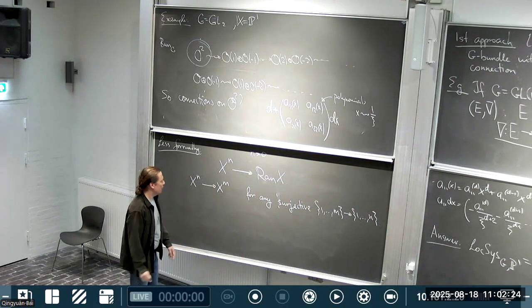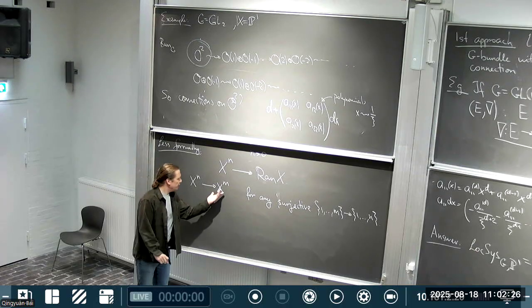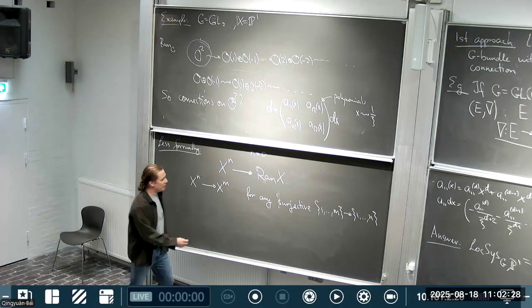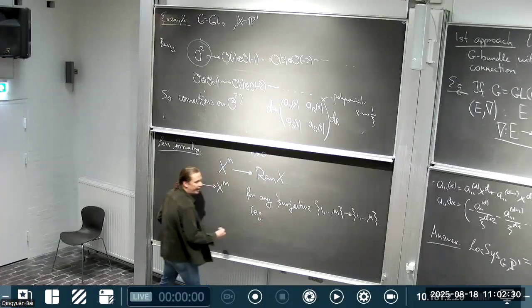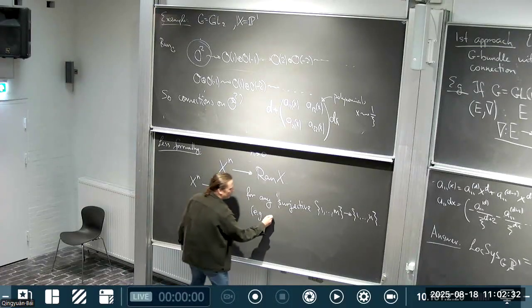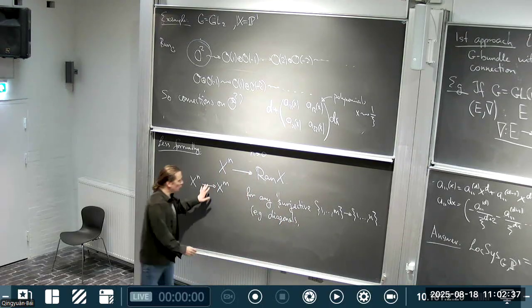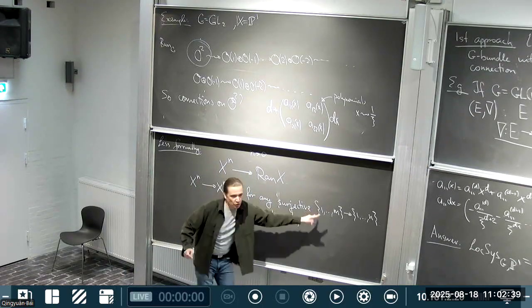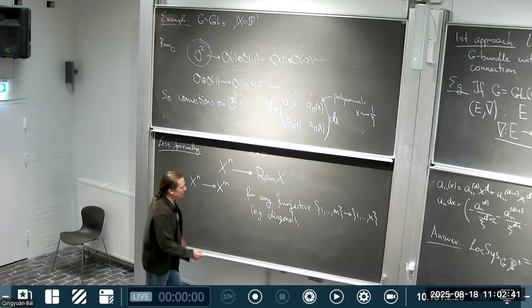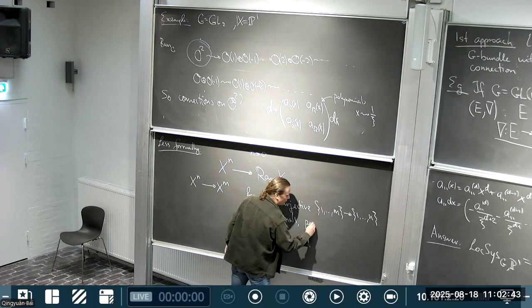Examples of such things would be various kinds of diagonal maps, diagonals, and also just permutations. These don't have to be order preserving. So diagonals and permutations.